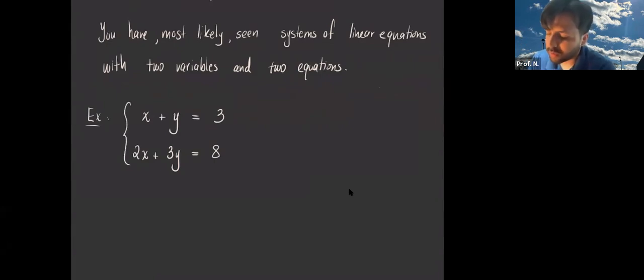We call it 2x2 because there are two equations and two variables. We'll be utilizing this kind of phrasing a lot more when you start to see more variables and more equations. But we've seen this before, right?